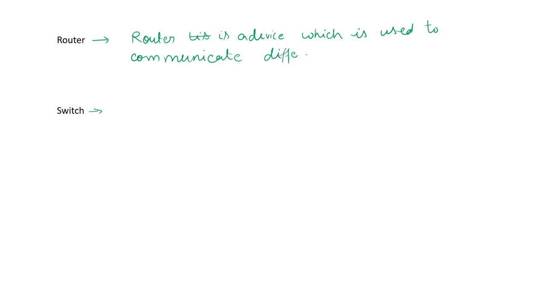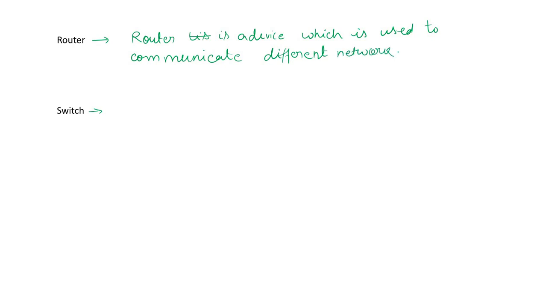Listen carefully: a router is a device which is used to communicate between different networks. It makes the communication possible between the different networks.